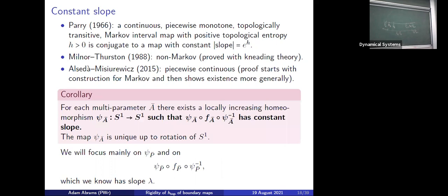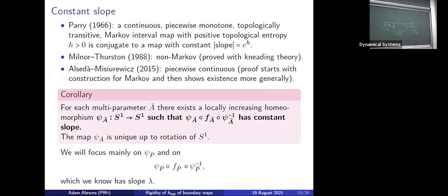What we're using really is the idea that you can conjugate to a map of constant slope. Now, the papers that I mentioned in the bullets are for interval maps. Ours is a circle map, so it's not technically a result that's in any of those papers, but there's nothing new here in this corollary to say that for each parameter, your boundary map can be conjugated to a map of constant slope on the circle.